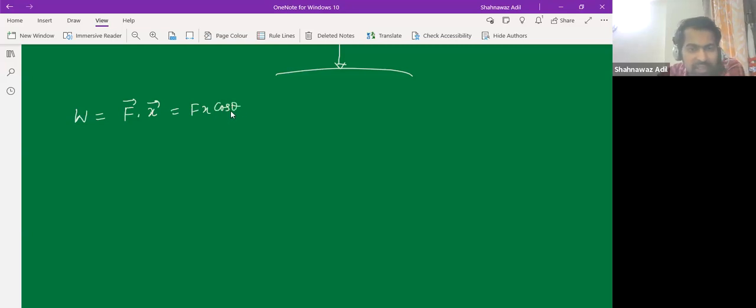Now, if you have a variable force, the work done by a variable force was this, let's say they are at 0 degrees.